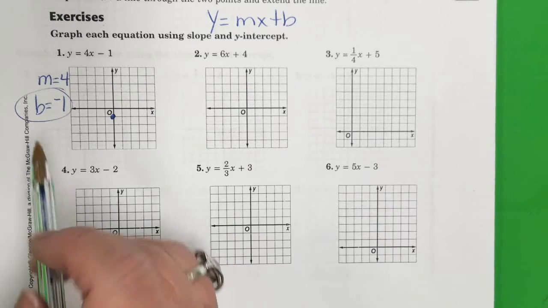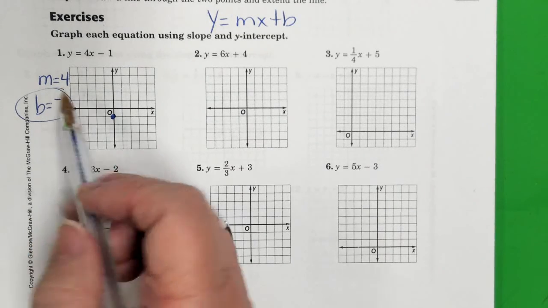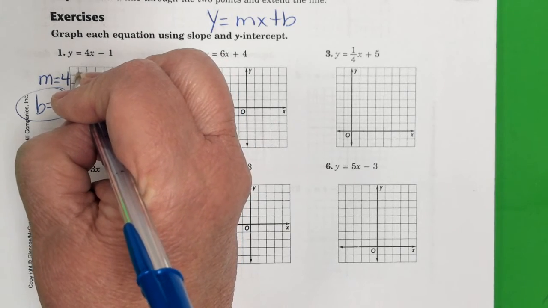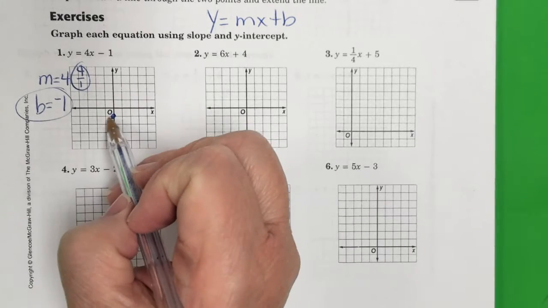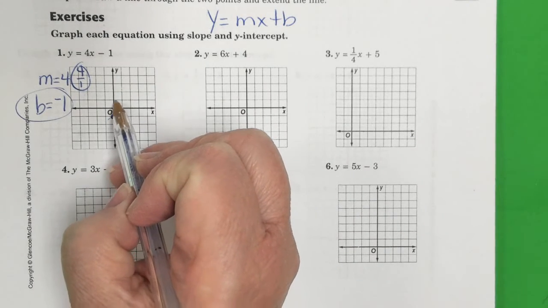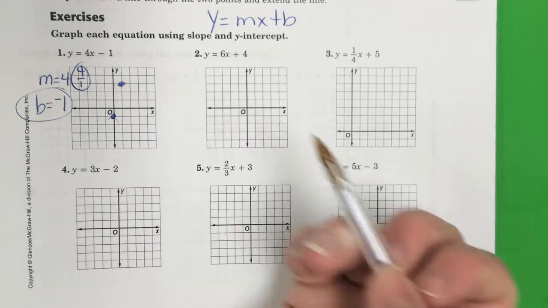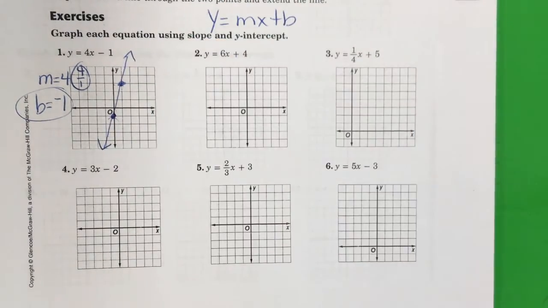From that point, we can now count our slope. And our slope is 4, but we need a fraction so we can count the rise over run. So we're going to simply change that to 4 over 1. The rise is positive 4, so we go up 4 over 1. Plot your point, and then draw your line.